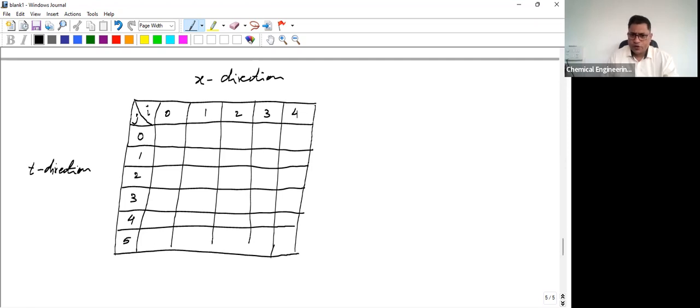So we have to find the values up to t is equal to 5. Now think of the given values. We know at 0t, this is going to be 0. At 4t, this is going to be 0. Then we have calculated the values for j, so it is going to be 3, 4, 3, 0, 3, 4, 3. Is that okay?